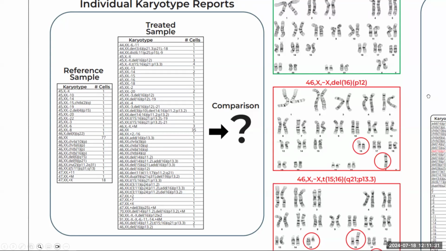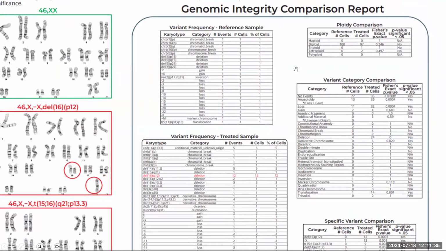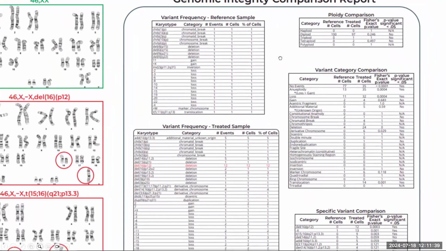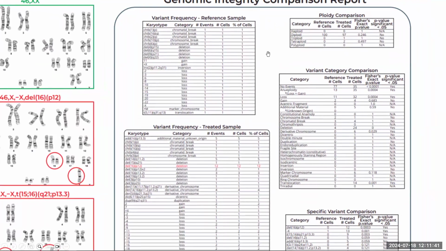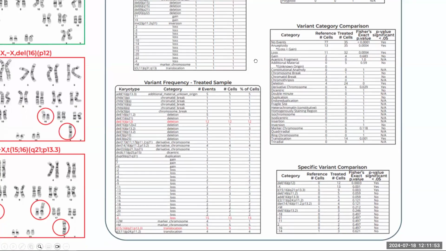So if we move over to our parsed out format for genomic integrity, what we've changed over to is the ability to break out both categories and specific individual events. And we do that in a frequency-based report, both for the reference sample and the treated sample.